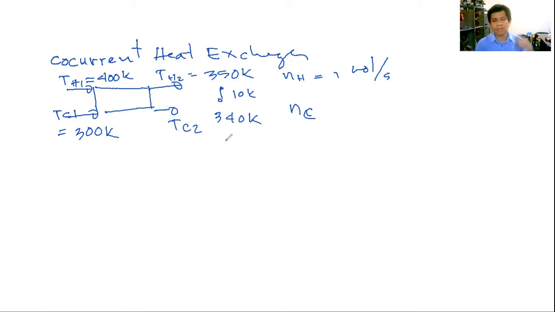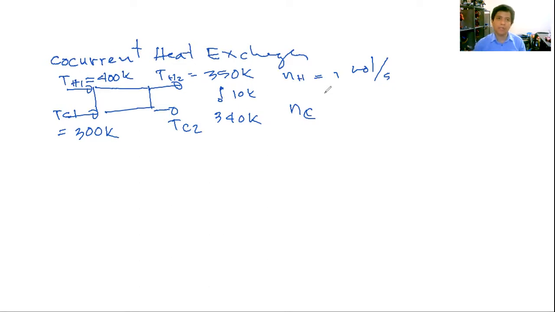So, para makalculate natin yun, mag-heat balance lang tayo. So, kung ano man yung amount ng heat na ma-loss ng hot stream, ma-absorb yun ng cold stream. Parang ganun lamang naman yung equation natin to find NC. So basically, ang heat na re-release ng hot stream ay MCp delta T. Ngayon, yung Cp ng cold gas, kasi di ba, i-assume natin air, yung Cp ng cold gas at saka yung Cp ng hot stream, parehas lang naman.